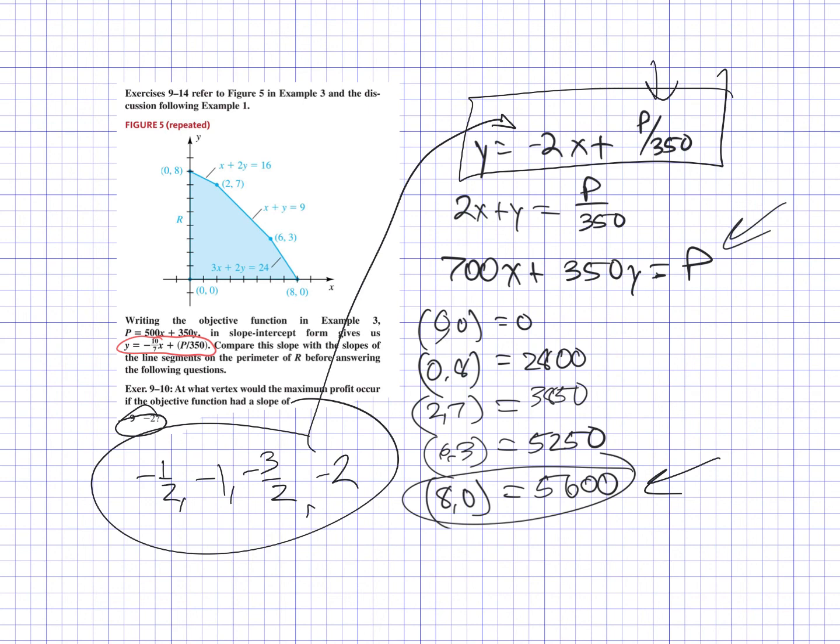And as we see, negative 2 gives us 5,600. And if you put those in, they're going to give you smaller and smaller values. So it should be obvious that negative 2 is going to give you the biggest y-intercept for what they're looking for. And that's it. That's all you needed for this lesson.